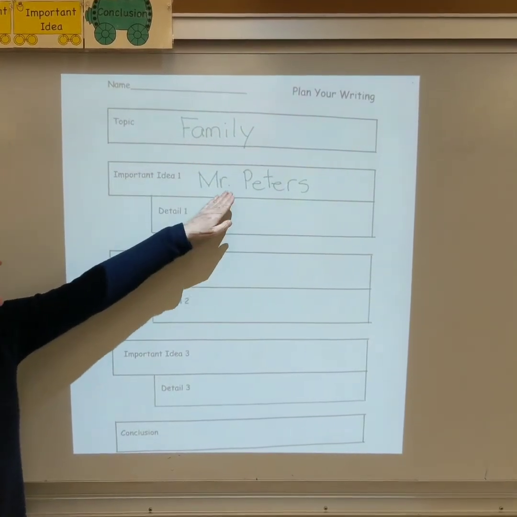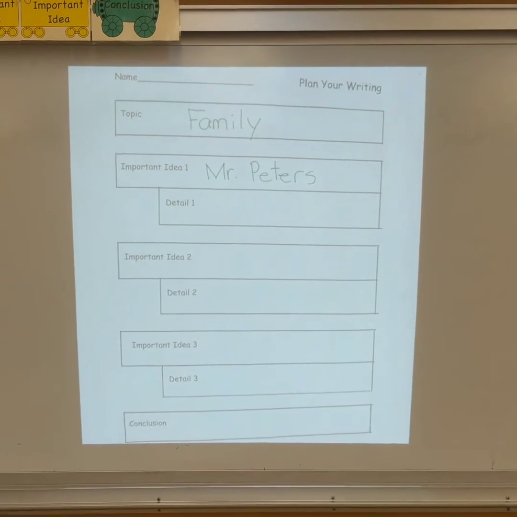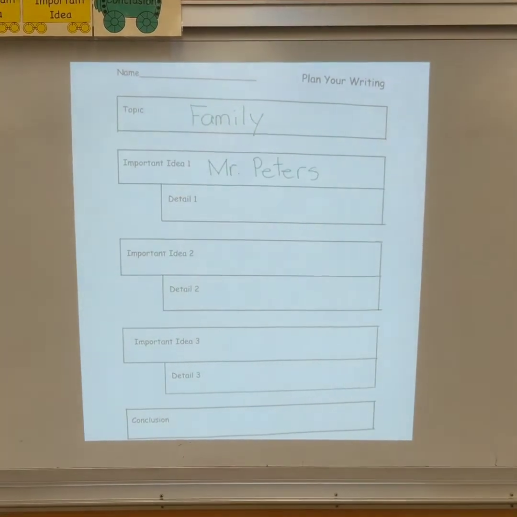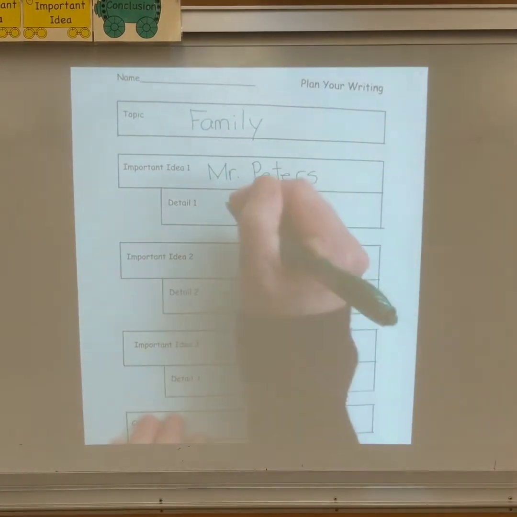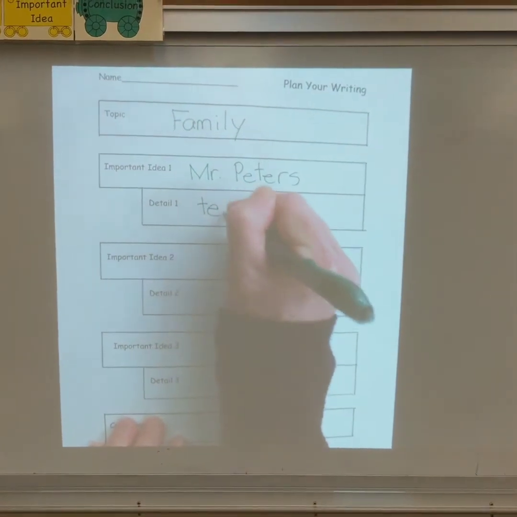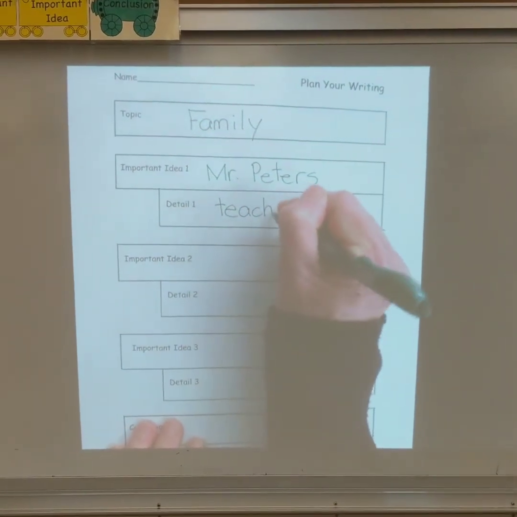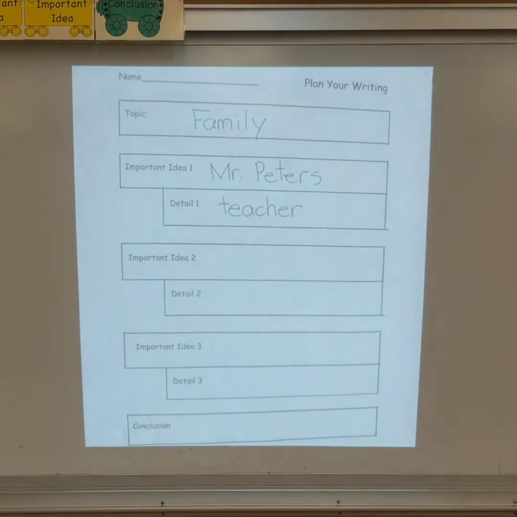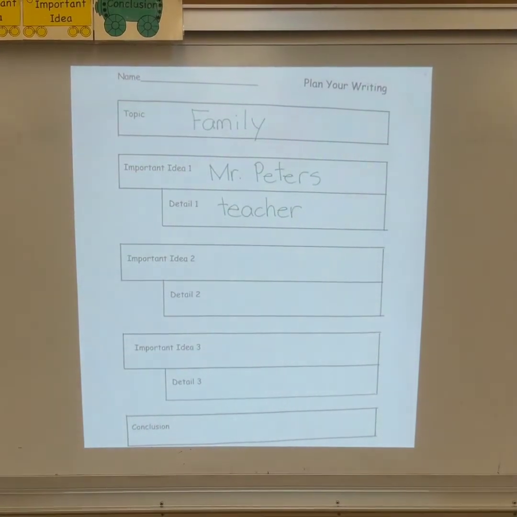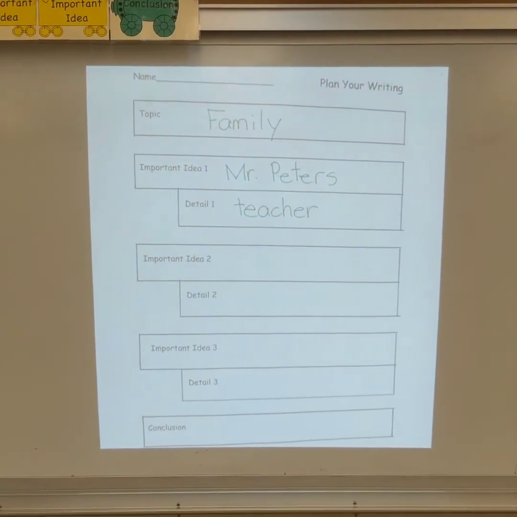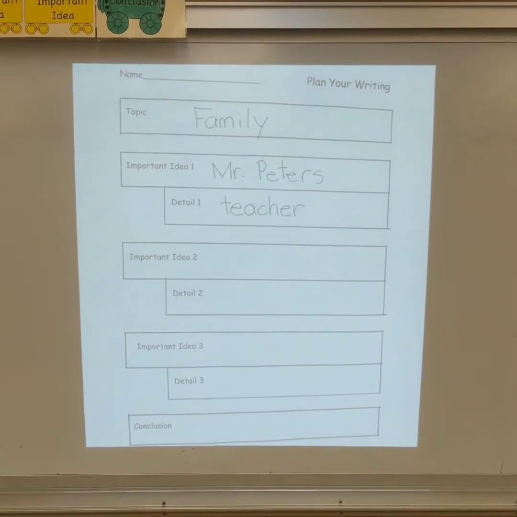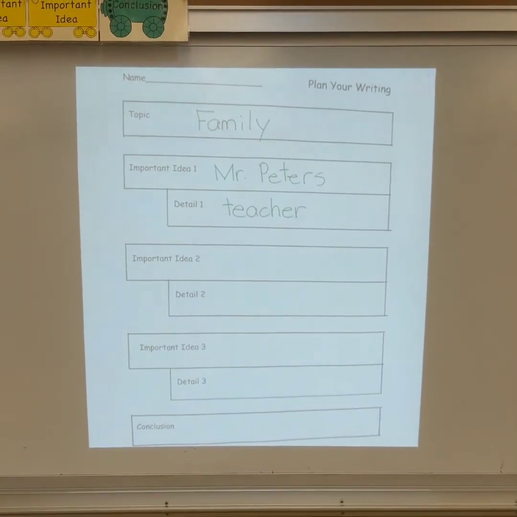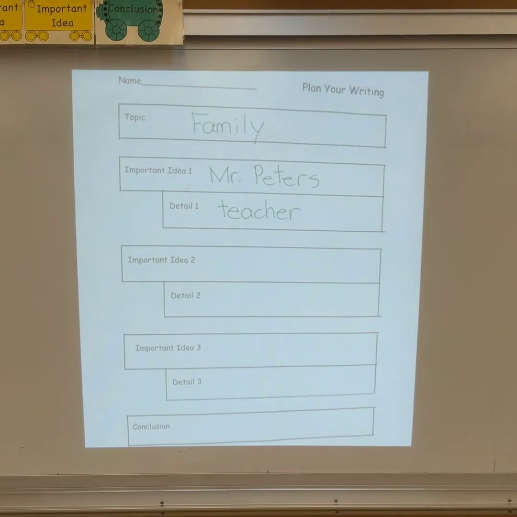A little detail about Mr. Peters. Now my little detail about Mr. Peters, I'm going to write the word teacher. And I'm going to write that word because he is a teacher just like I am. So that gives you a little bit more information. Not only is Mr. Peters in our family, he is also a teacher just like me.